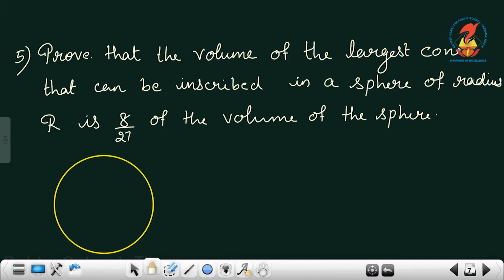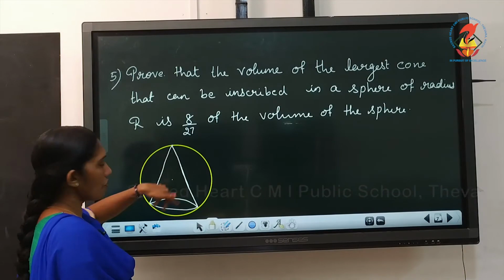Let this be a sphere. We have to inscribe the cone. The largest cone inscribed in a given sphere. Say cone, the center, the sphere of radius R. So this capital R is the radius of the sphere.